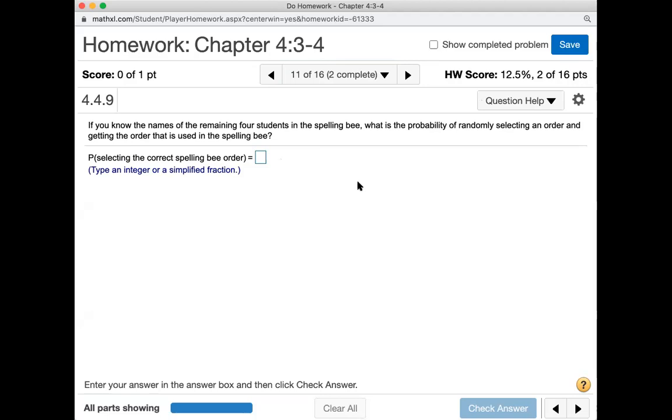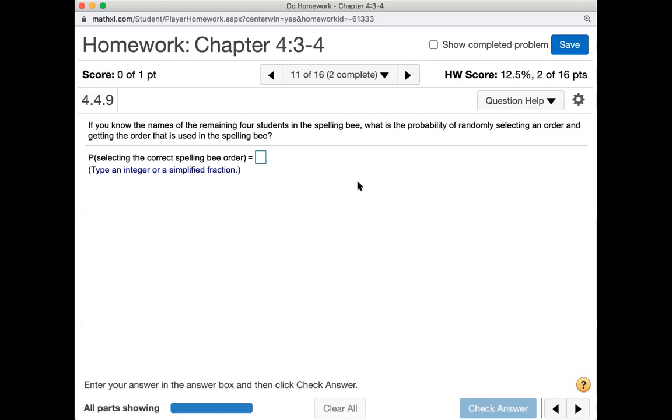For convenience, let's say the names are A, B, C, D. A, B, C, D, or C, D, B, A, or D, C, B, A, something like that. Does order matter? Yes, order matters, so that's a permutation problem. So 4P4, which is 4 factorial.